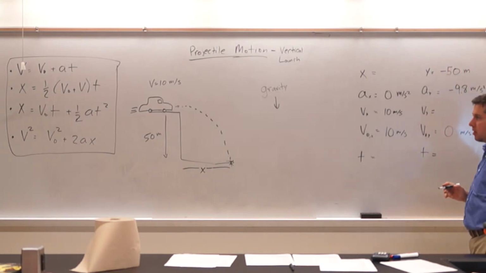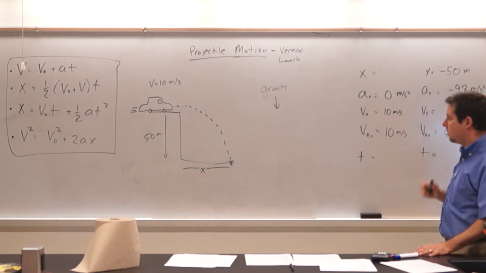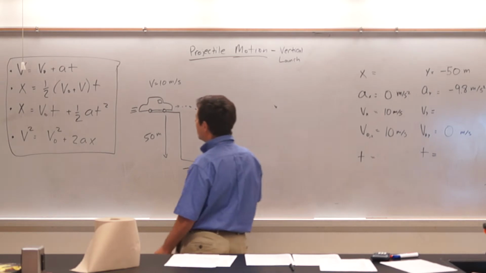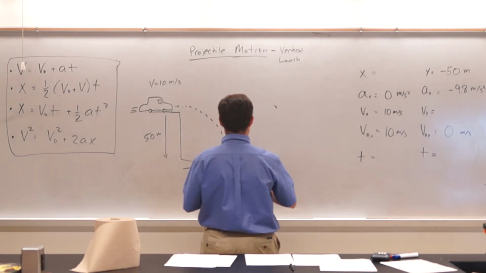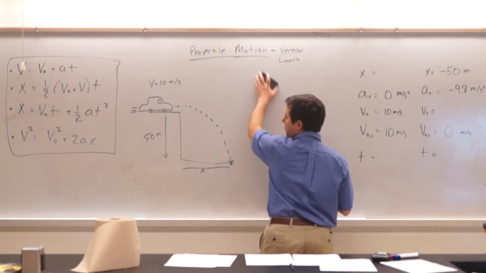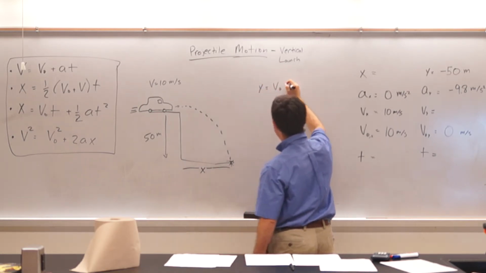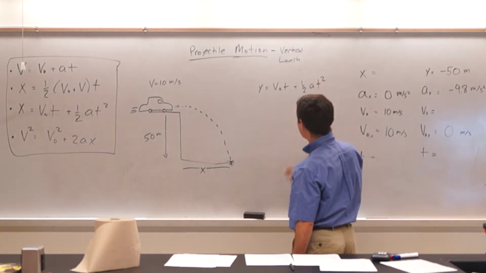Let's get our signs correct. Sometimes it'll work out if you don't get your signs correct, but let's make sure we get them correct, just to make things easier. So again, we don't know the final y, but we don't need to. We'll just use this one: y equals v naught t plus 1/2 a t squared.